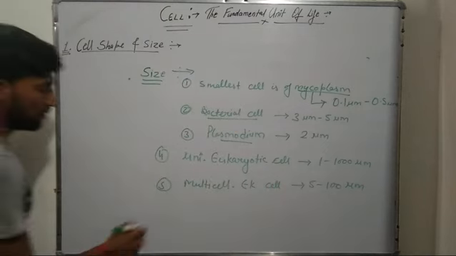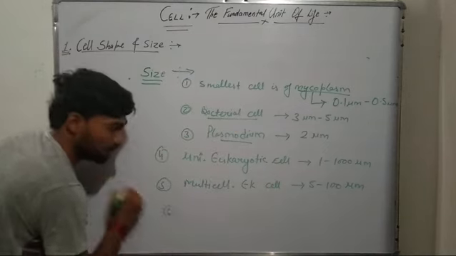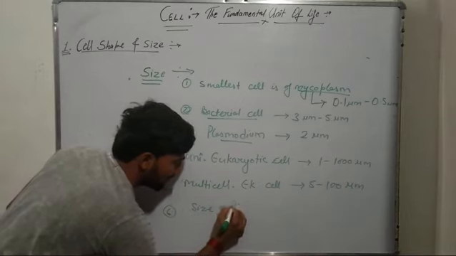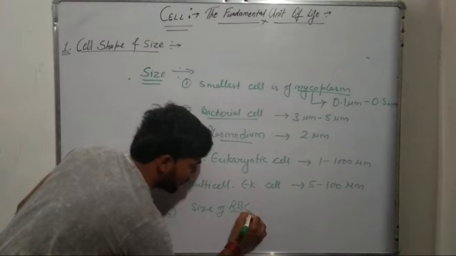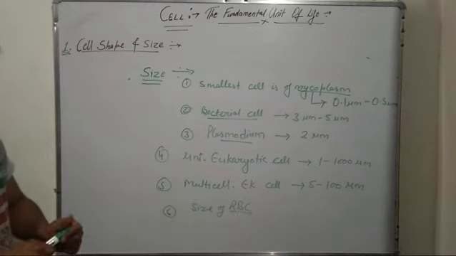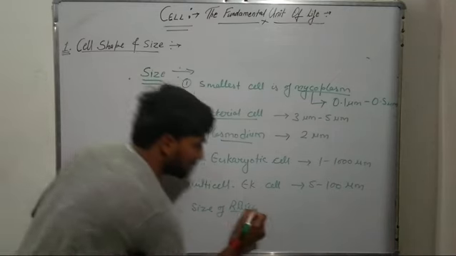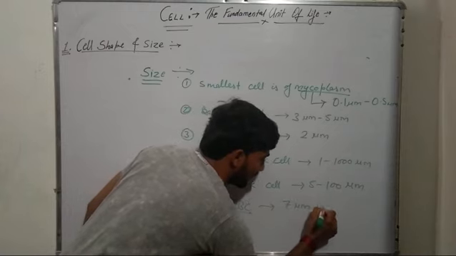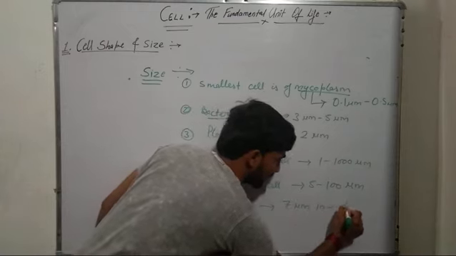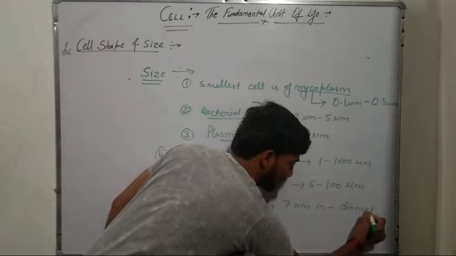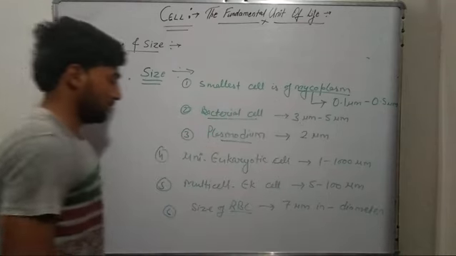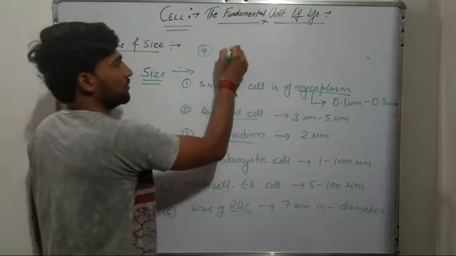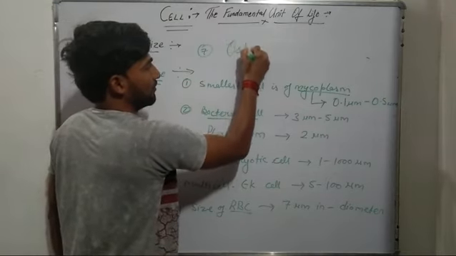And in the case of human beings, the size of an RBC, that is a red blood corpuscle or red blood cell, is near about 7 micrometers in diameter. Further, if we talk about the largest cell, it is the ostrich egg cell.